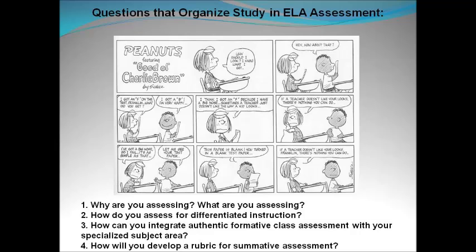You get the drift. And a third point, how can you integrate authentic formative class assessment within your specialized subject area? Now, by authenticity here, I'm kind of taking Newman's approach. And in that approach, the 3 hubs of this are whatever task that you design for your students, number 1, is it authentic in the sense that does it resonate with the student?